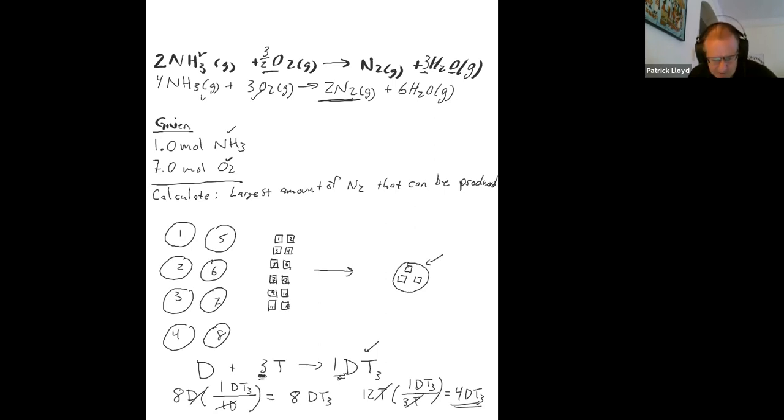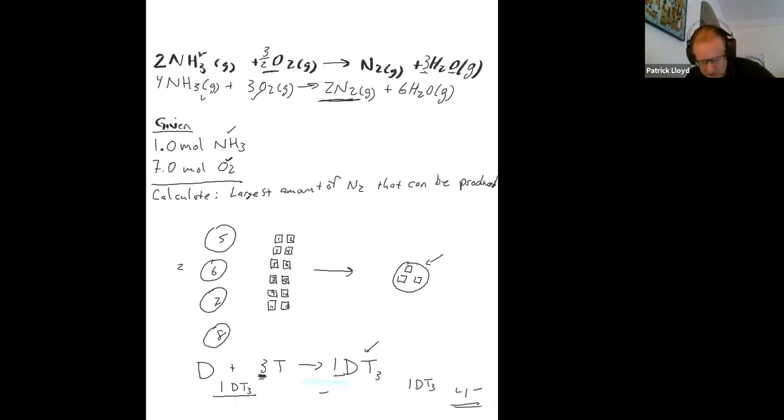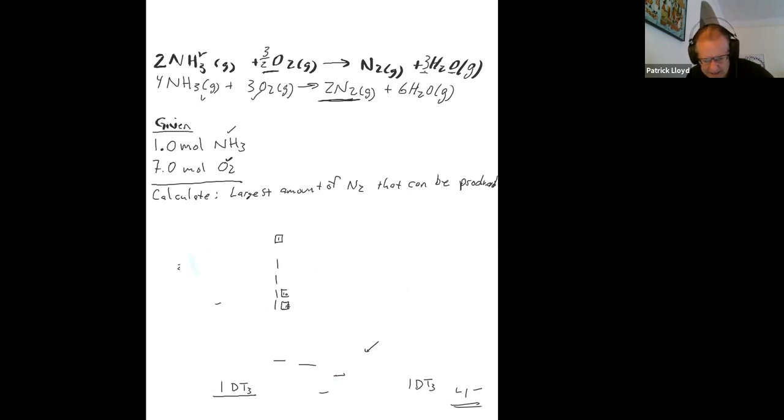Okay, so let's erase the pizzas, and we'll work on the nitrogen. The way that I did it with the pizza was I started with the doughs, and then I did the toppings. So we'll do the same thing.